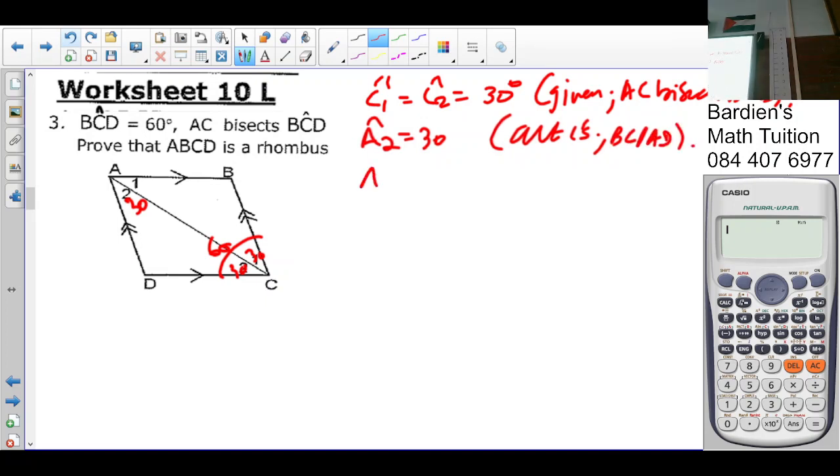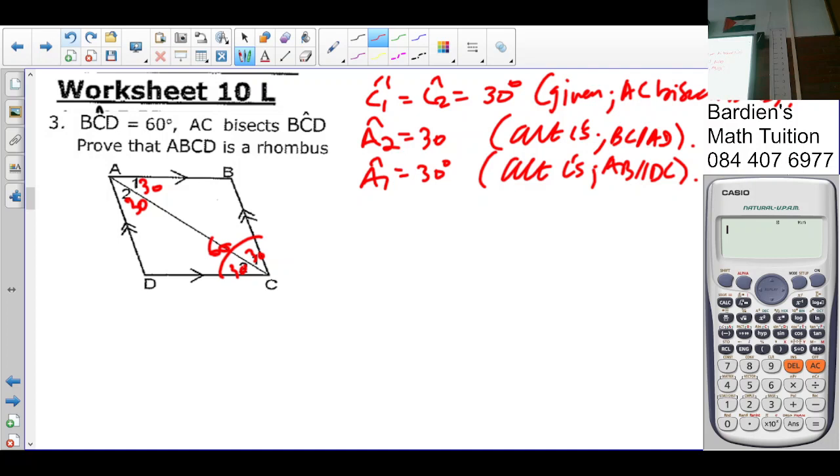Then angle A1 is equal to 30 degrees. Why is A1 30? Same story. Alternate angles with AB being parallel to DC. So what do you notice now? Don't you notice that AC is bisecting this angle here as well?